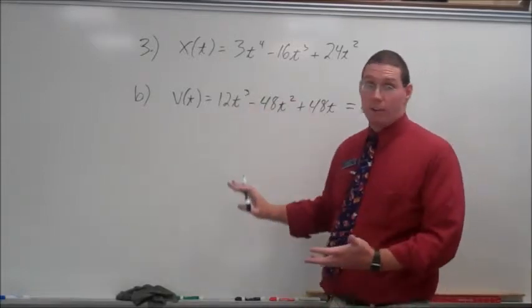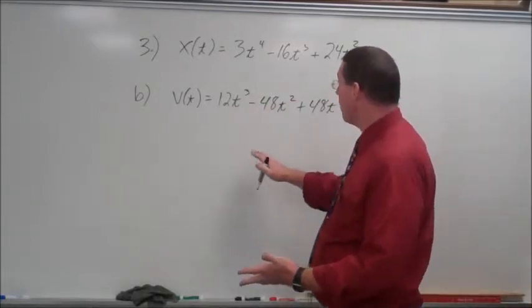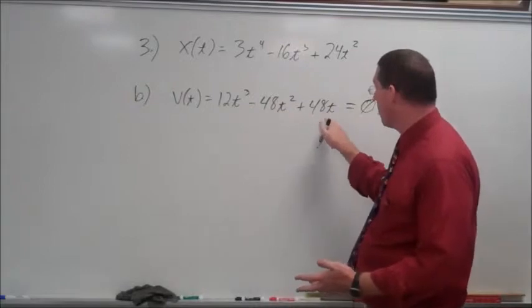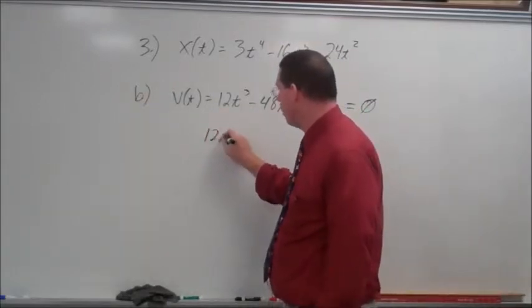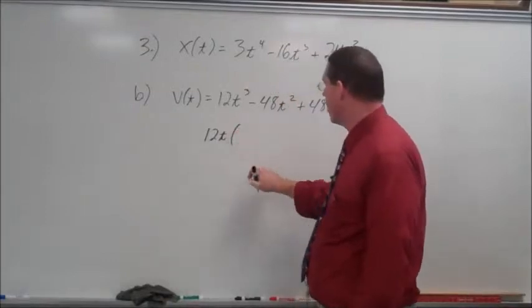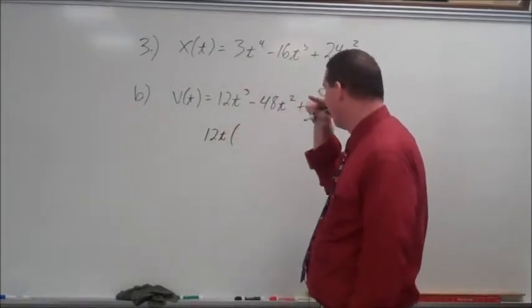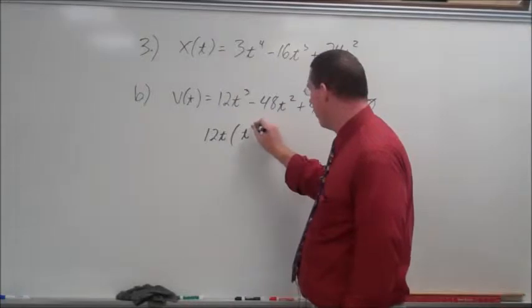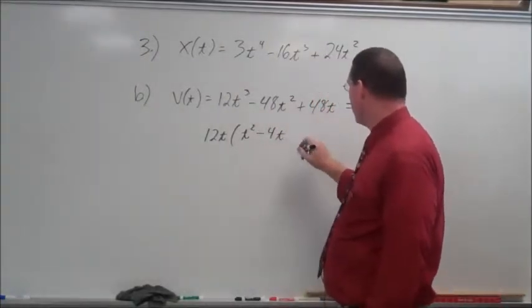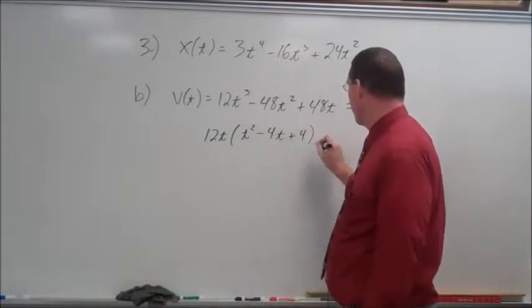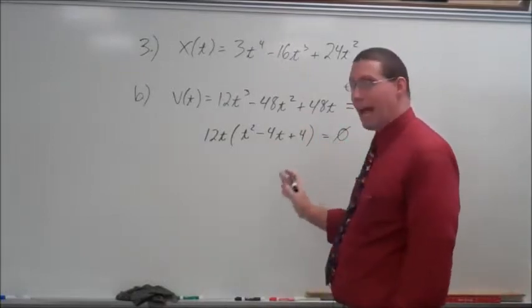Well, this can be factored. We can factor a 12t out of each of these terms, taking out our greatest common factor. So we have 12t times, if we divide each of these by 12t, t squared minus 4t plus 4, equal to 0. Just a little bit of algebra here.